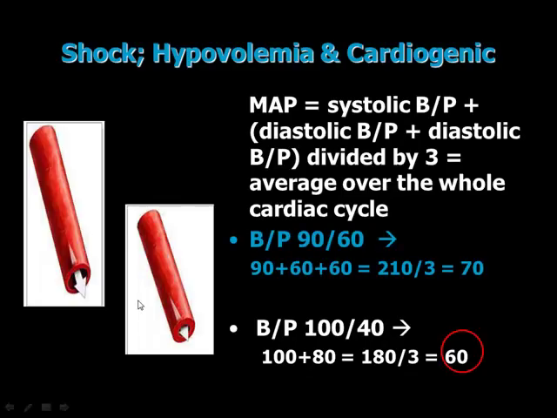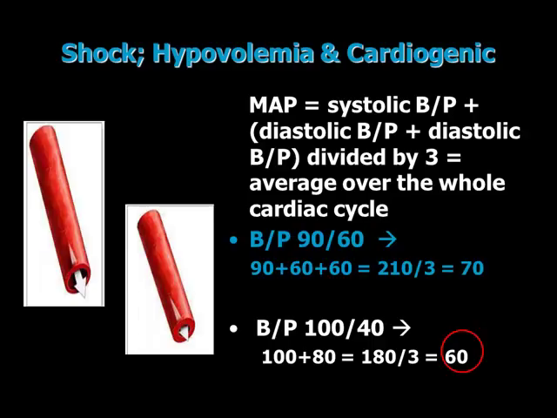The MAP is just an average of the entire cardiac cycle. Now you know the cardiac cycle is diastole and systole, but diastole is mathematically 2 times longer than systole. That is why we have the equation systole plus diastole times 2.